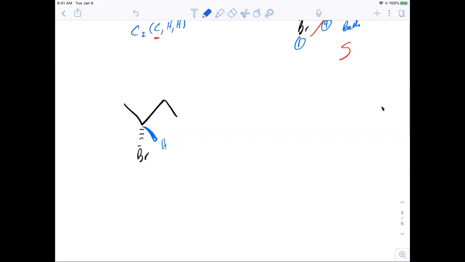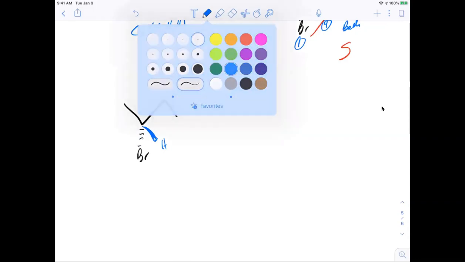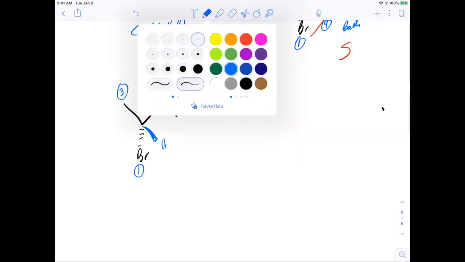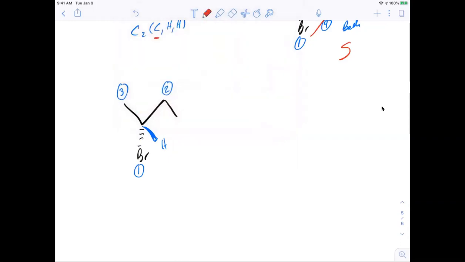The way that I prefer you to think about these is to put your priorities 1, 2, 3. My lowest priority is here. Go 1, 2, 3 in that direction. And 1, 2, 3 in that direction is what?